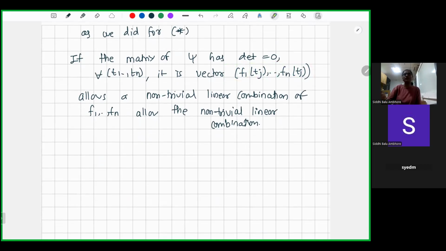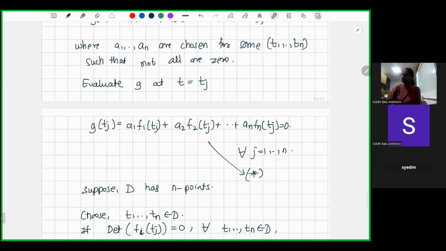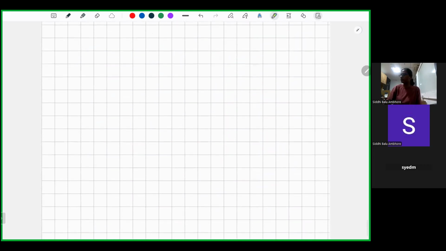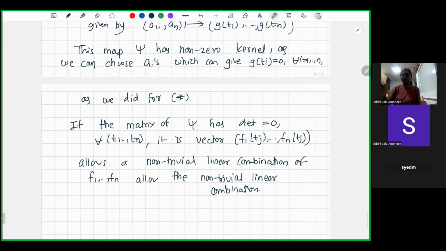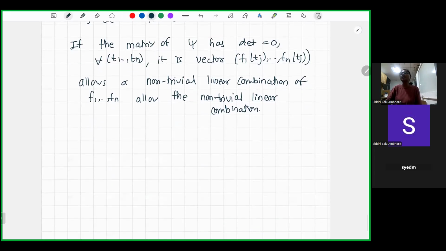So the columns of this matrix A will have a non-trivial linear combination which is mapping to 0. And that will then give me that this F1 to Fi have a non-zero linear combination which is mapping to 0. And that will give me that they are non-trivial, okay?